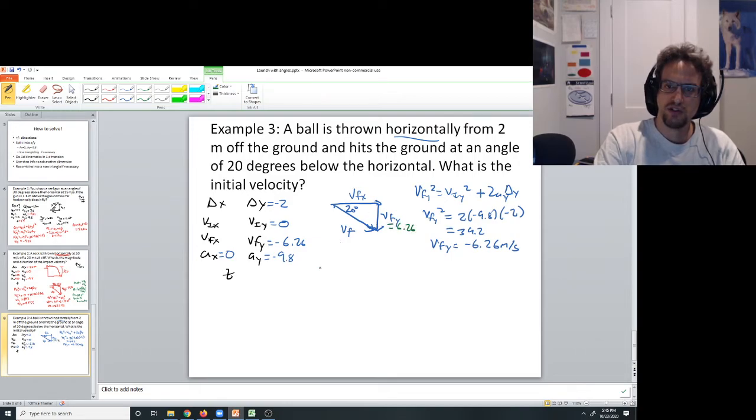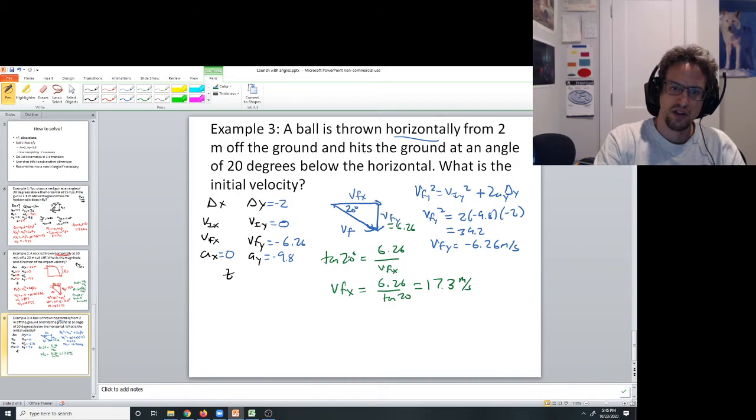And I can all of a sudden use trig to get v final x. So I've got tangent of 20 degrees is equal to 6.26 over v final x. That means v final x is equal to 6.26 over tangent of 20, which comes out to be 17.3 meters per second.